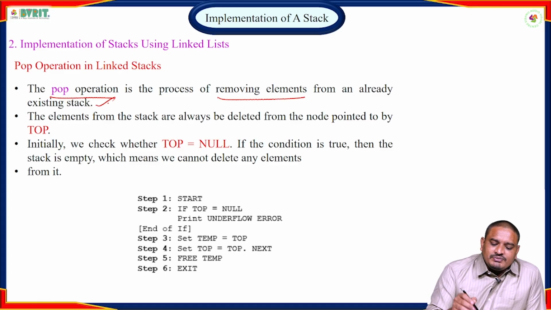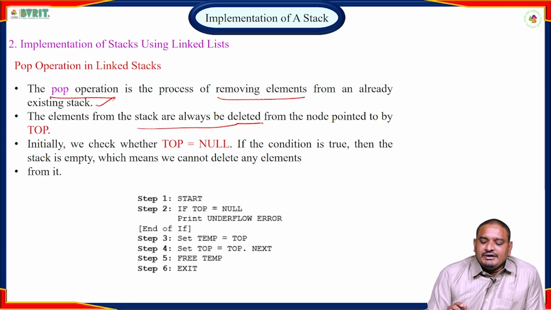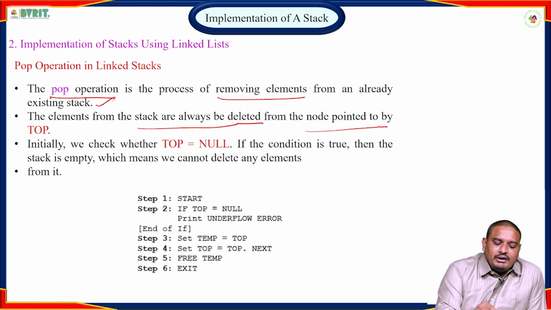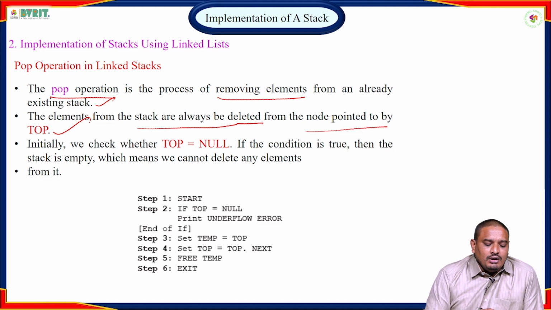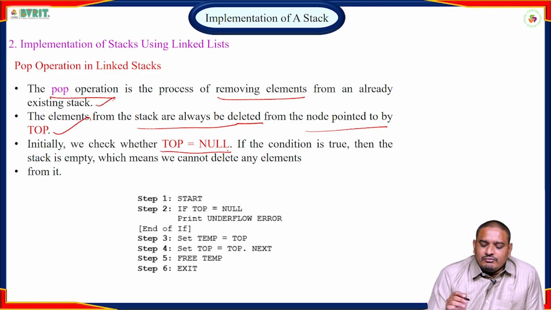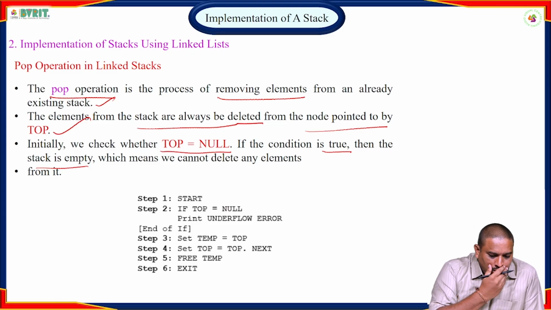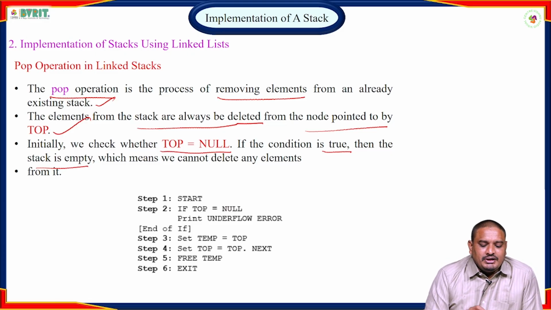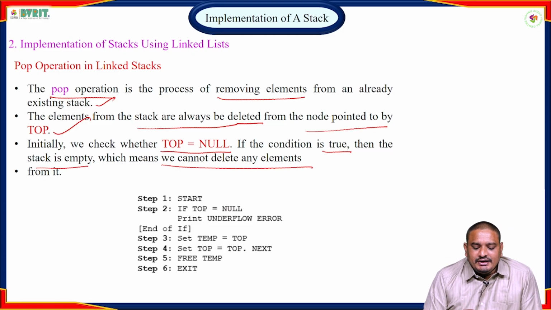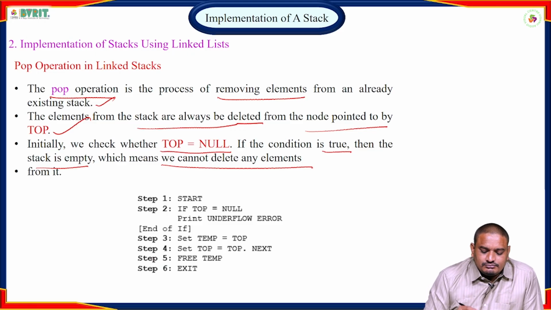The elements are always deleted from the node pointed by top. Initially, we check whether top equals null. If the condition is true, then the stack is empty, which means we cannot delete any element from it.